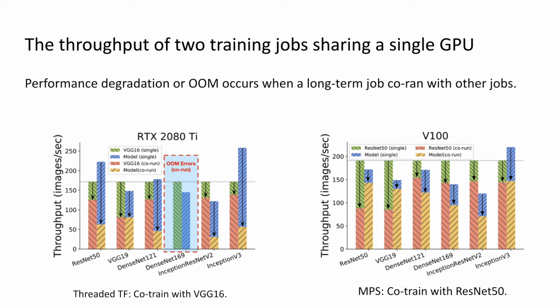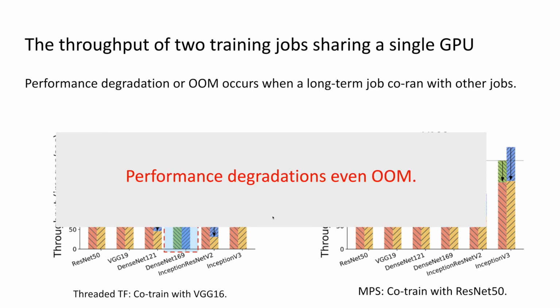Even worse, all models crash under Nvidia MPS on the 1080 Ti and 2080 Ti GPUs because the two processes in MPS, each running a separate model, do not share GPU memory allocation. Thus, when the aggregated peak memory demand exceeds GPU capacity, training will crash.